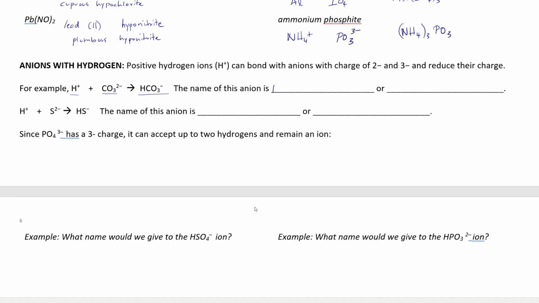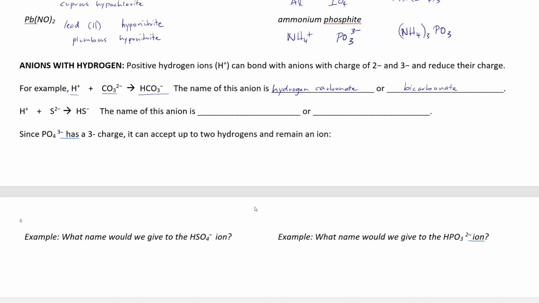And so this is called the hydrogen carbonate ion. And that's given to you in the complex ion table. Or it's also called the bicarbonate ion.